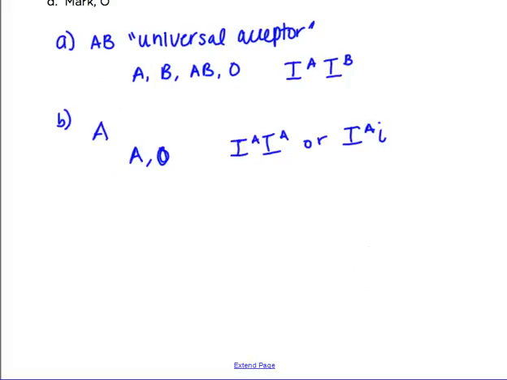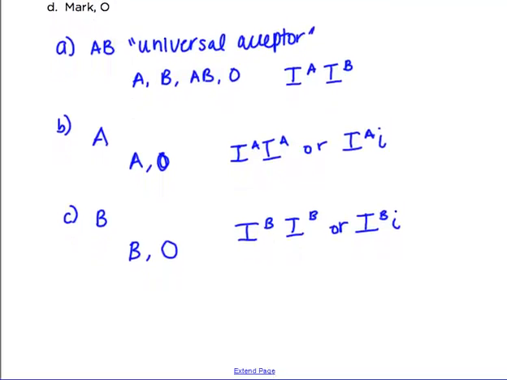For Sarah, she's blood type B. So it's the same with A, she can only get her own blood type B or O. And her genotype can be either big I B, big I B, or big I B, little i. Again, because the big I's are completely dominant over little i.